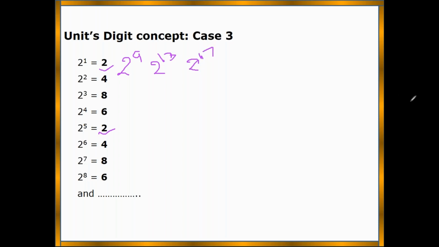Did you observe, all of you? 2 power 1, 2 power 9, 2 power 13, 2 power 17 are all equal.